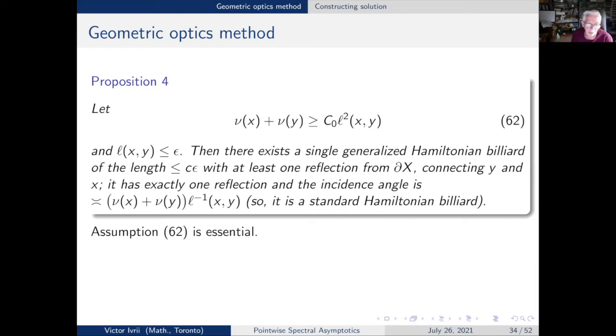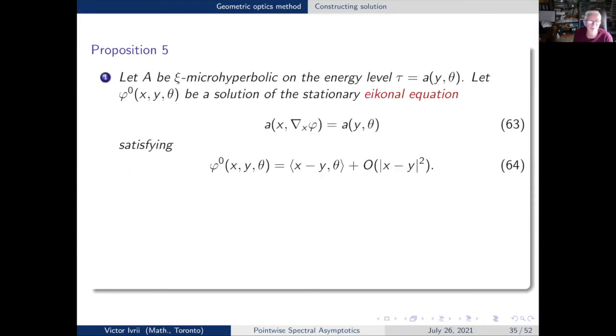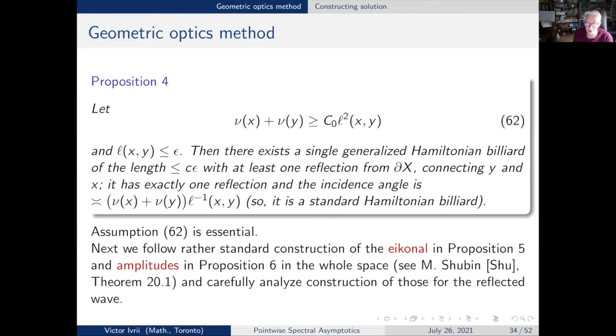If there are magnetic potentials, and this assumption is essential. Now we follow a rather standard construction of canonical amplitudes in the whole space, like in the book of Misha Shubin, and carefully analyze the construction of those for the reflected wave.